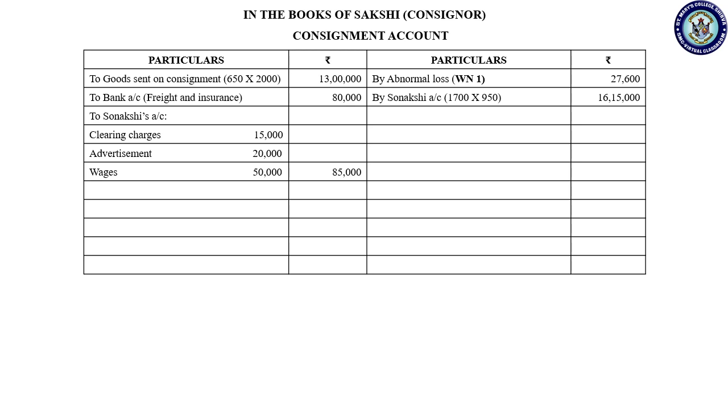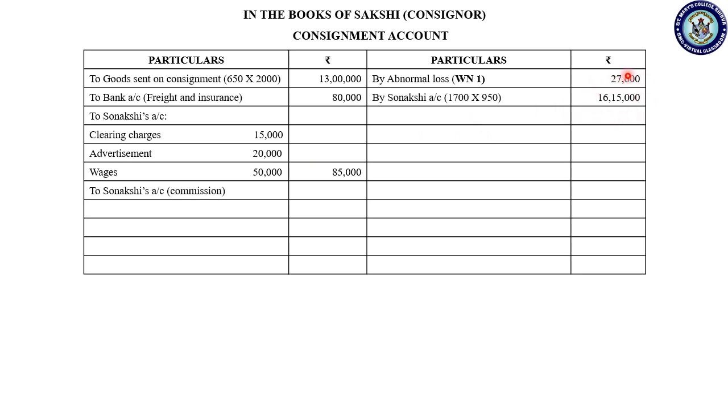Okay, next. 20 barrels of oil were lost due to leakage. This normal loss you have to take only in the calculation of unsold units, and nowhere are you recording this normal loss. Then the commission. You write Sonakshi, because Sonakshi will receive the commission on the sales made by Sonakshi.